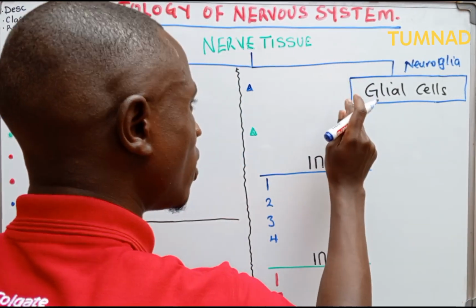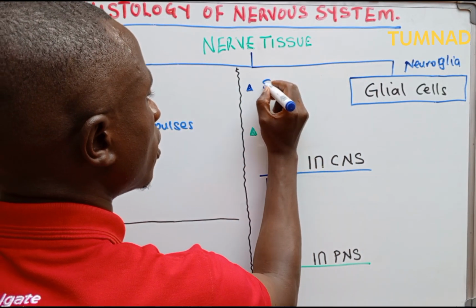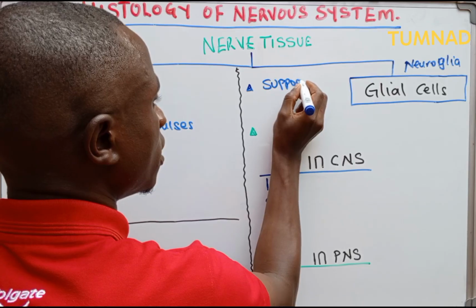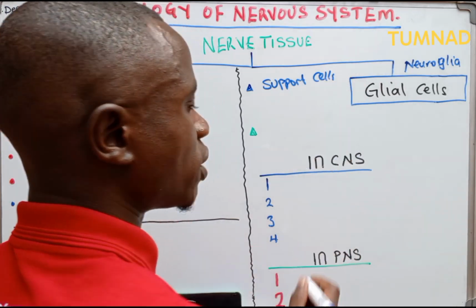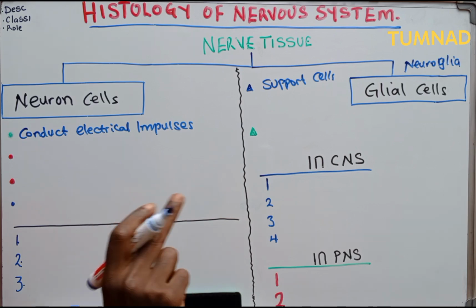In other words, glial cells are doing more of what we call support. They are more of support cells. They are not doing the same thing.